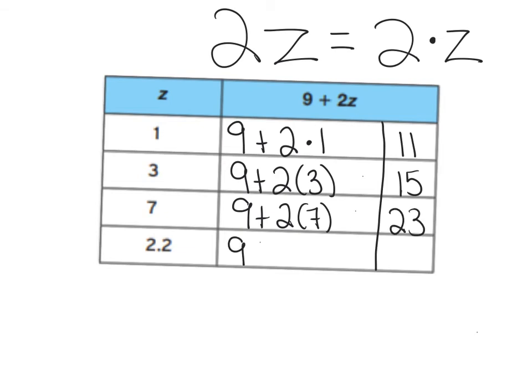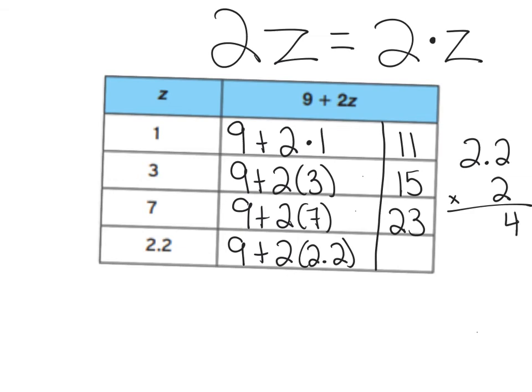And then the last one, we have 9 plus 2 times 2 and 2 tenths. And I know some of you are like, oh my goodness, there's a decimal. But guess what? You are rock stars, and you remember how to multiply with decimals. So let's just come over to the side here in our workspace. So 2 and 2 tenths times 2. Remember, we ignored the decimal at the beginning. 2 times 2 is 4. 2 times 2 is 4.